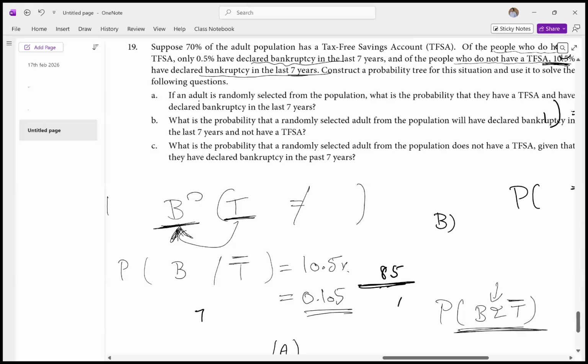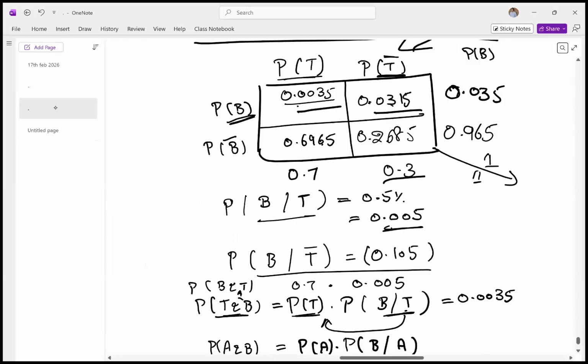Yes, that is this value, P(B and T bar), the combination of this and this.